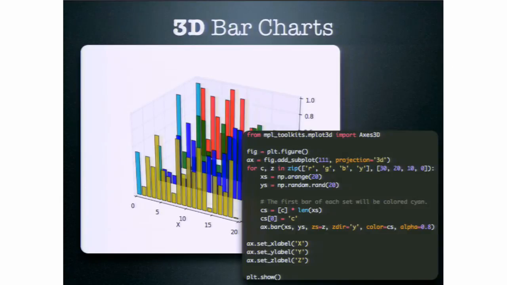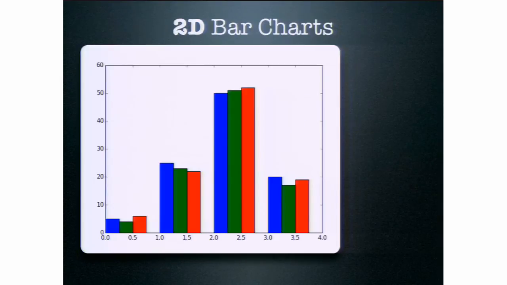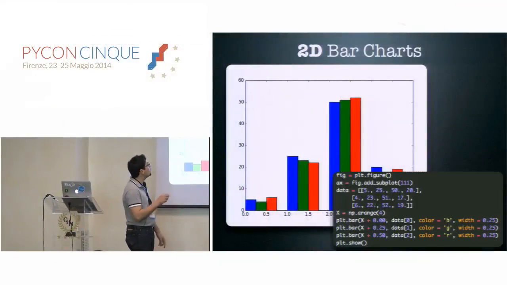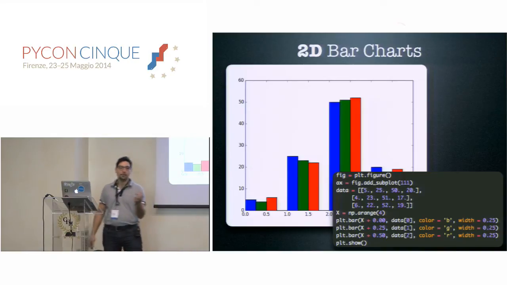We may create, and as I said before, the function to create 3D plots is the same to create 2D plots. To create 2D bar charts, we still use the bar function, but in this case, we consider only a couple of values instead of triples.